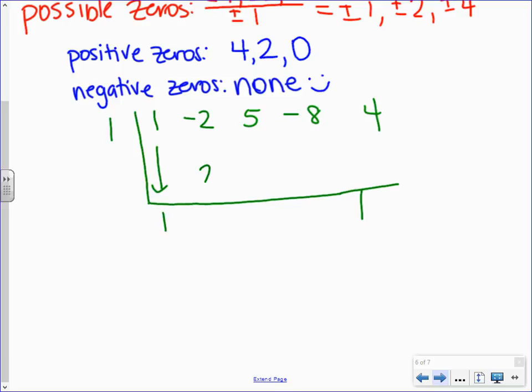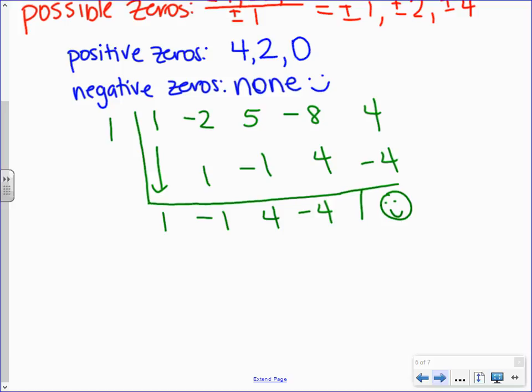Does it work? Hey, all right, 1 goes to 0.